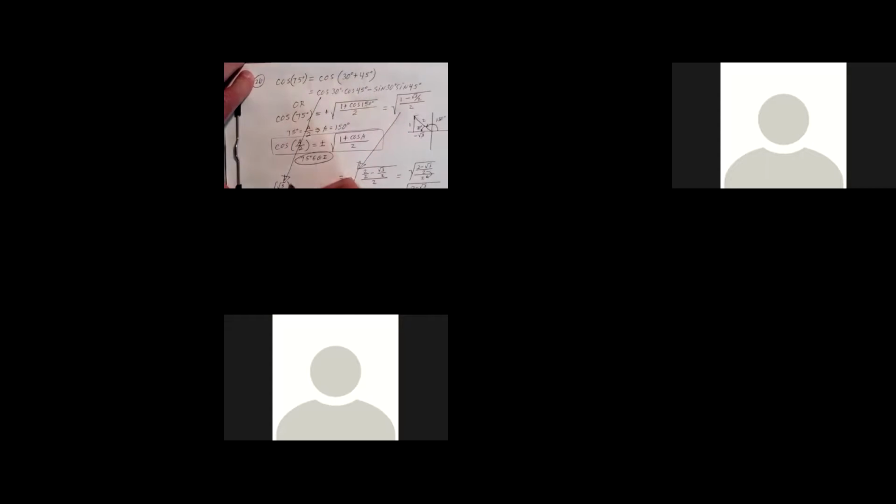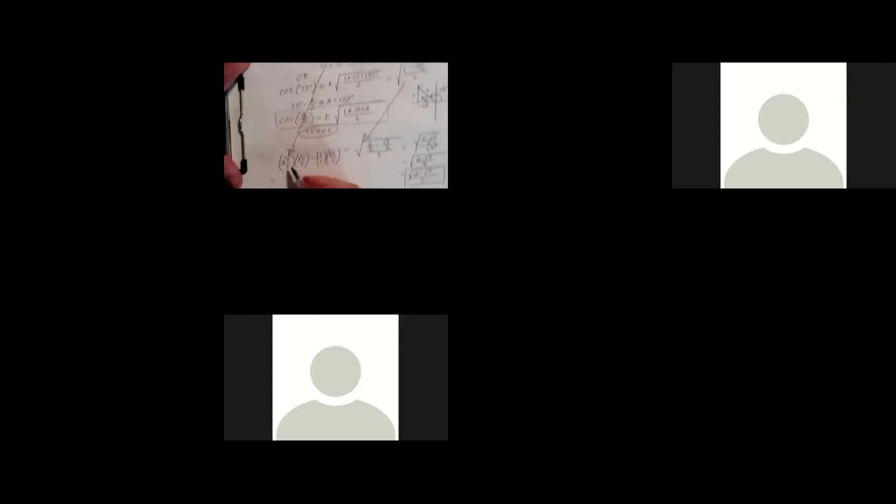Cosine of 45 degrees is square root of 2 over 2. Sine of 30 degrees is 1/2. Sine of 45 degrees is square root of 2 over 2. So when we simplify this, we would have the square root of 6 over 4 minus the square root of 2 over 4.